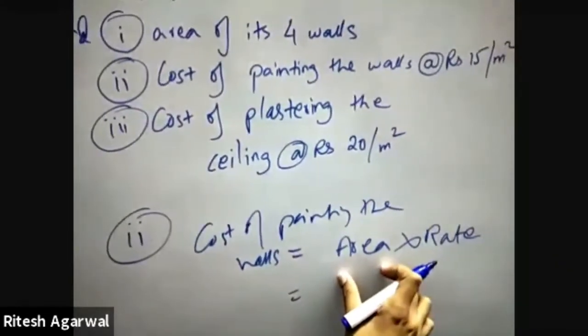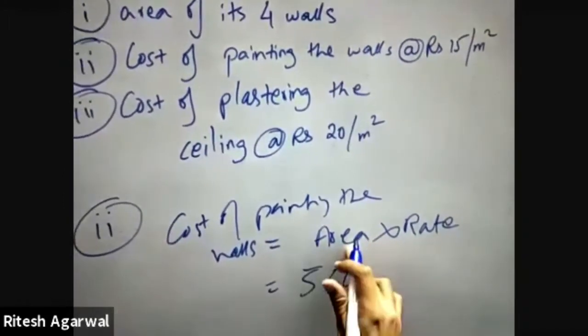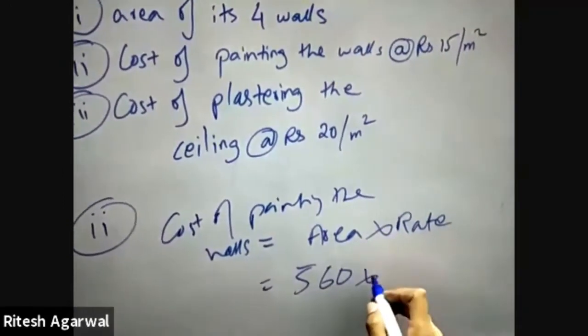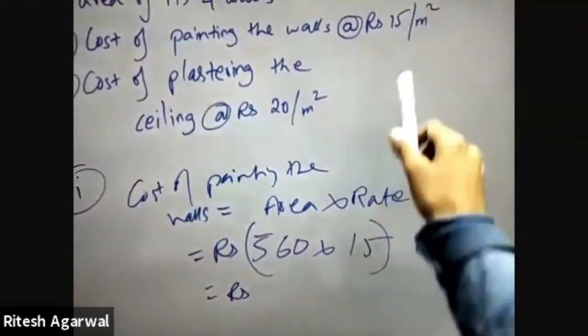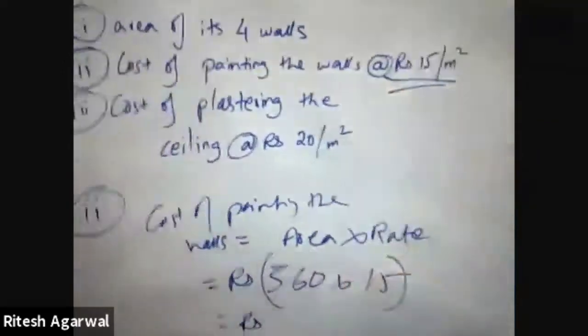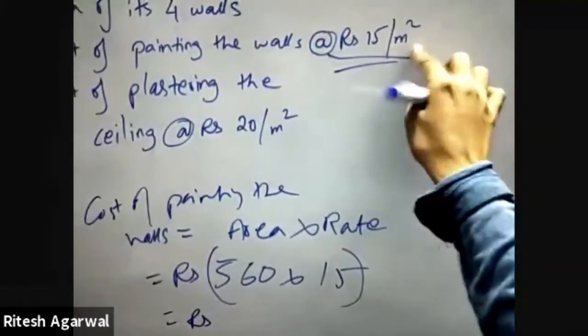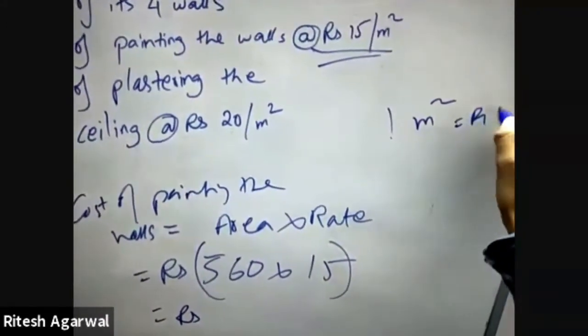Now the area is given as 560. We just found out that the area is 560. Multiply the area with the rate. The area is 560 and the rate is 15. This means that the cost of painting 1 square meter is rupees 15.